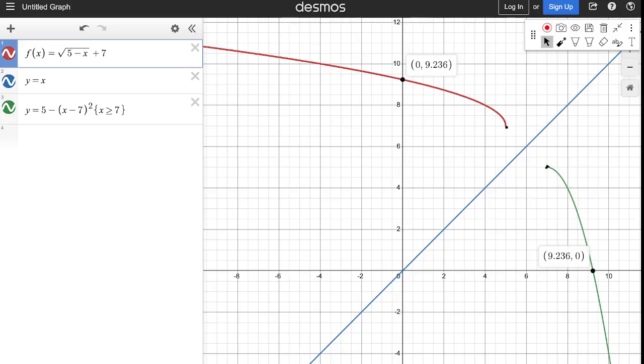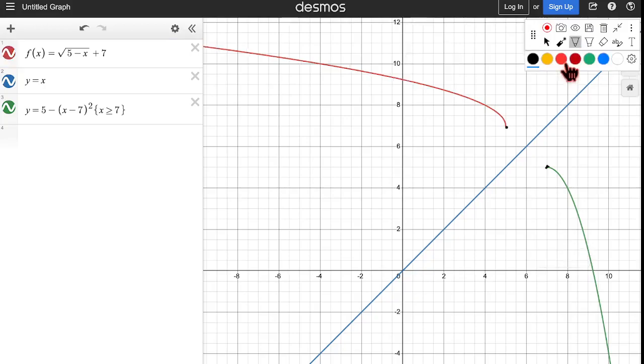But what we notice, okay, so the domain of the first function, we'll do that in red, the red one. The domain was negative infinity all the way to 5, and including 5. So we know that down here in the green, that's going to be the range.